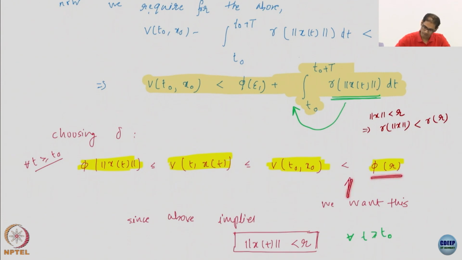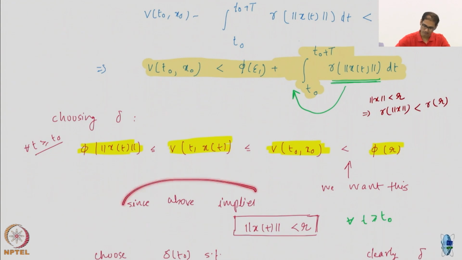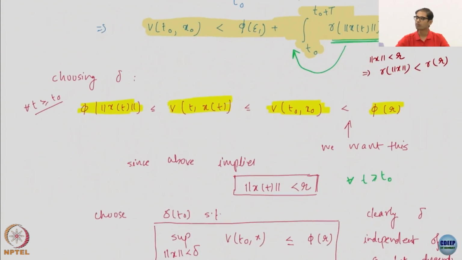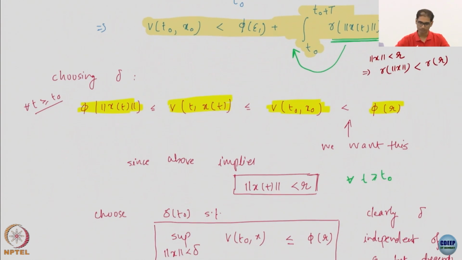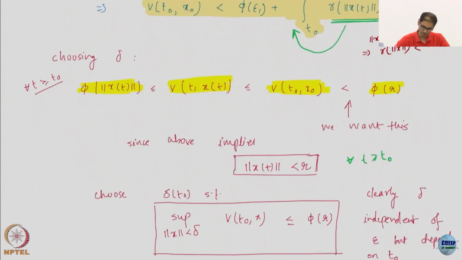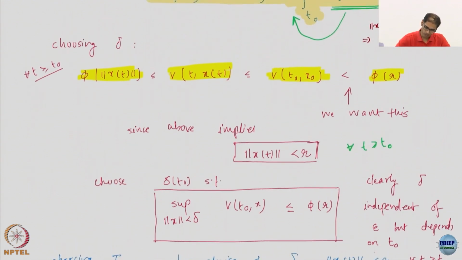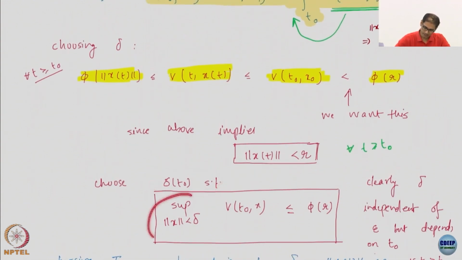I want that this happens, because obviously this implies norm x is less than R. We obviously want to maintain that, we do not want to violate that in this proof either. So if phi of norm x is less than phi of R, then norm x is less than R. So I choose my delta such that the supremum of this guy is less than phi of R.